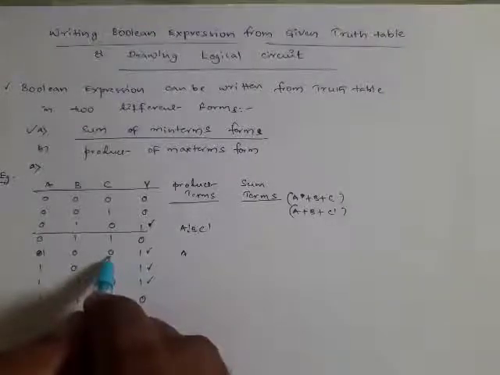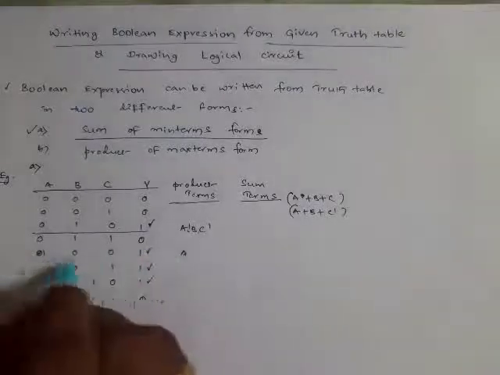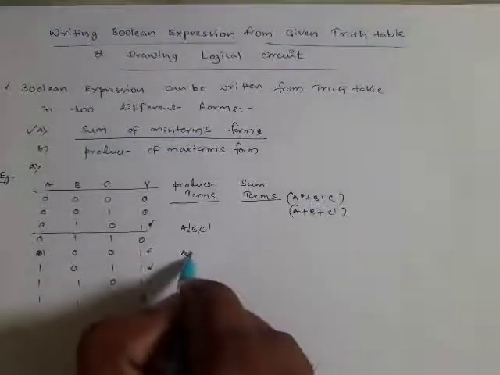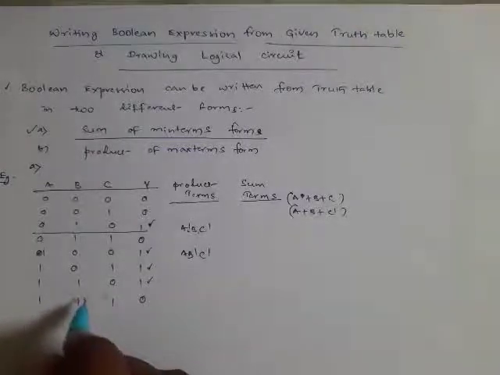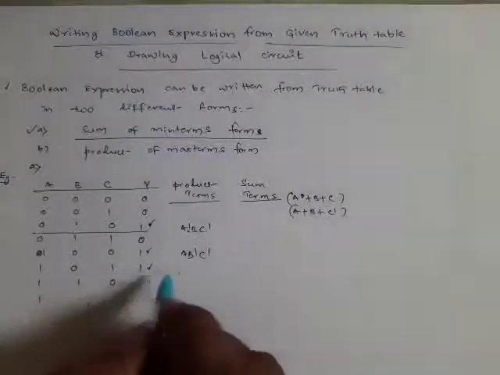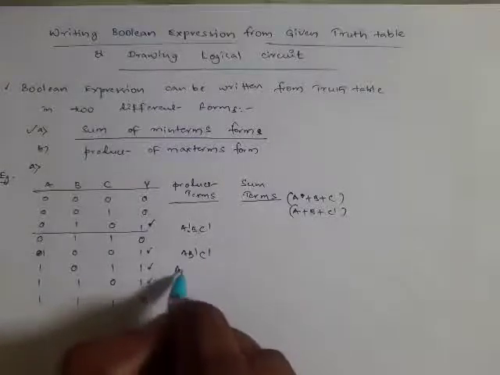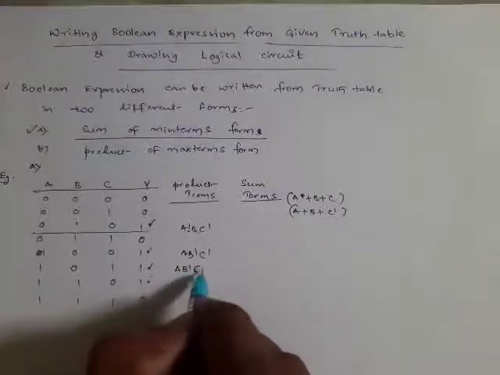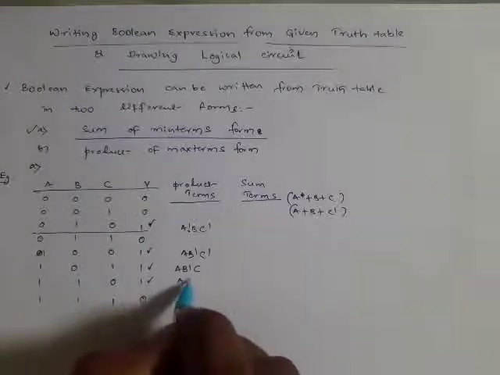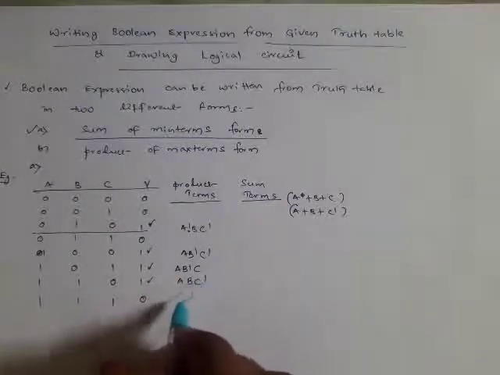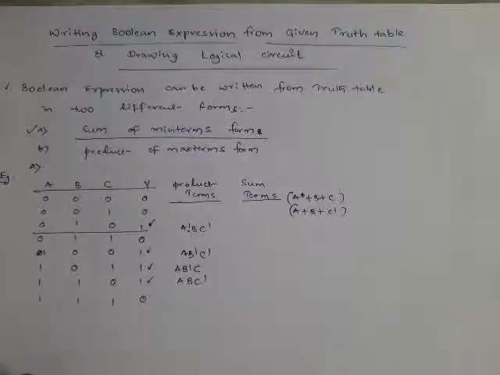For these values of the input, the product term becomes a b bar c bar. Similarly, for this combination, the product term becomes a b bar c. And for this combination, the product term is a b c bar.